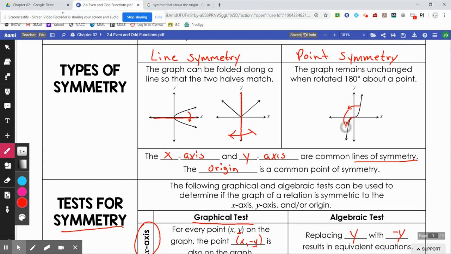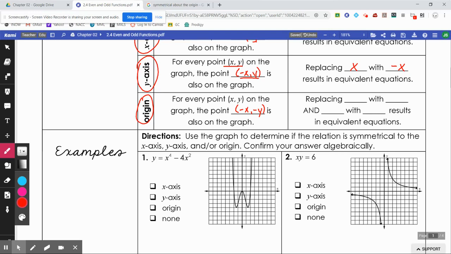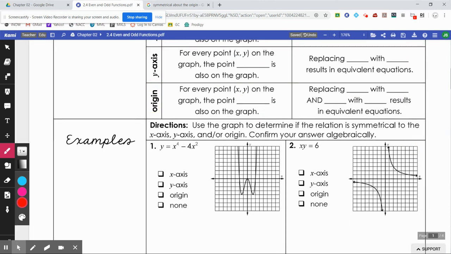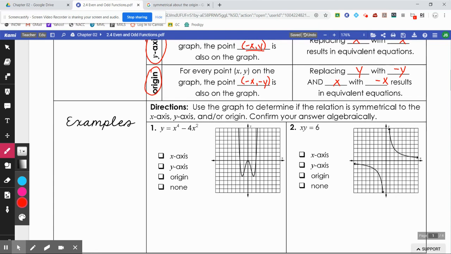And the same thing if you look at this part, if you were to flip it over here and then flip it up to here, do you see you get the same graph? So point symmetry is actually a combination of both of these. If (x, y) is on the graph, then (-x, -y) will also be on the graph. So we can test algebraically by replacing y with negative y and replacing x with negative x. And if this results in an equivalent equation, then we're going to have origin or rotational symmetry about the origin.